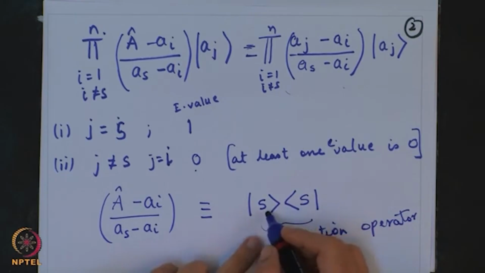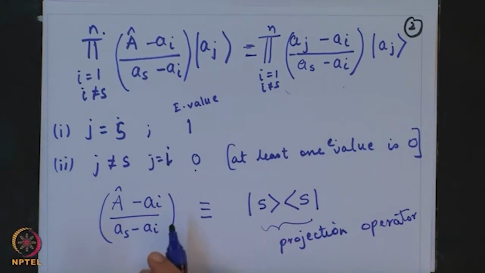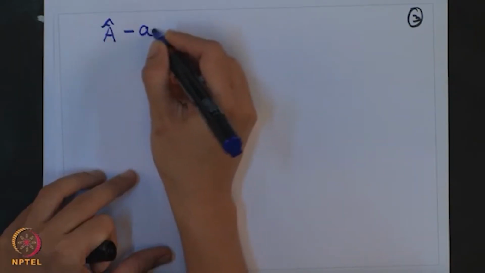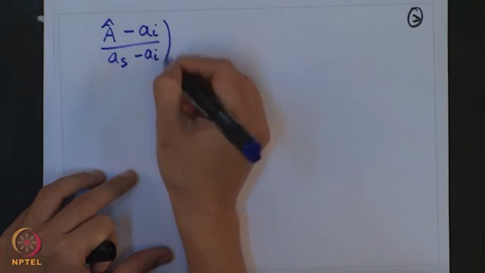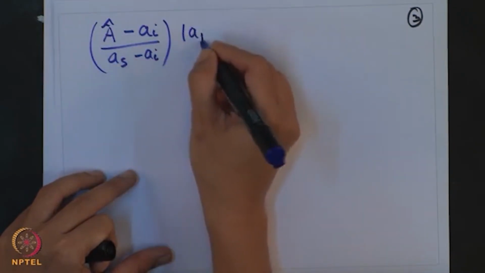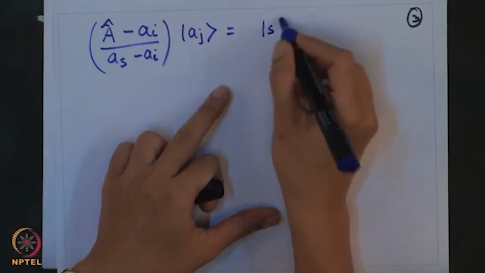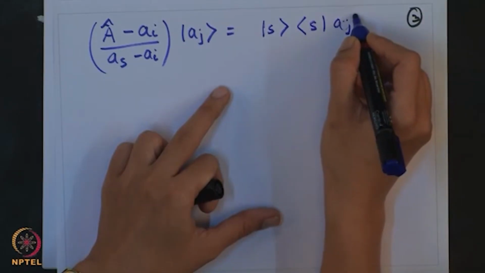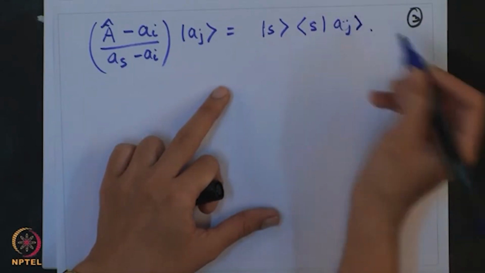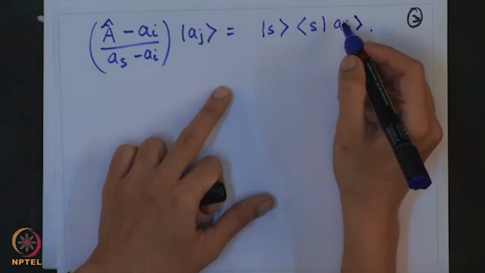S are same. So, you can really write this when you operate this operator on Aj, operator A minus Ai, As minus Aj, this when operated on Aj would give, now in terms of this S operator, okay, or the jth operator you will obtain, okay.